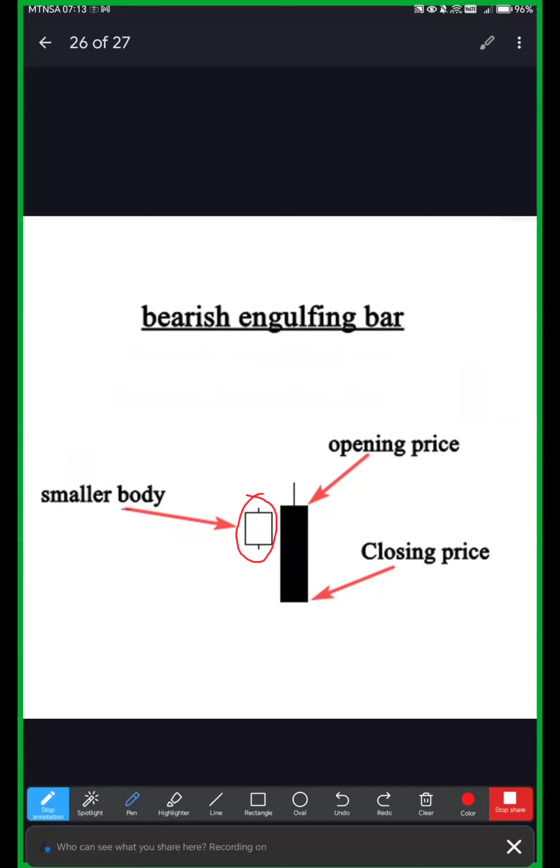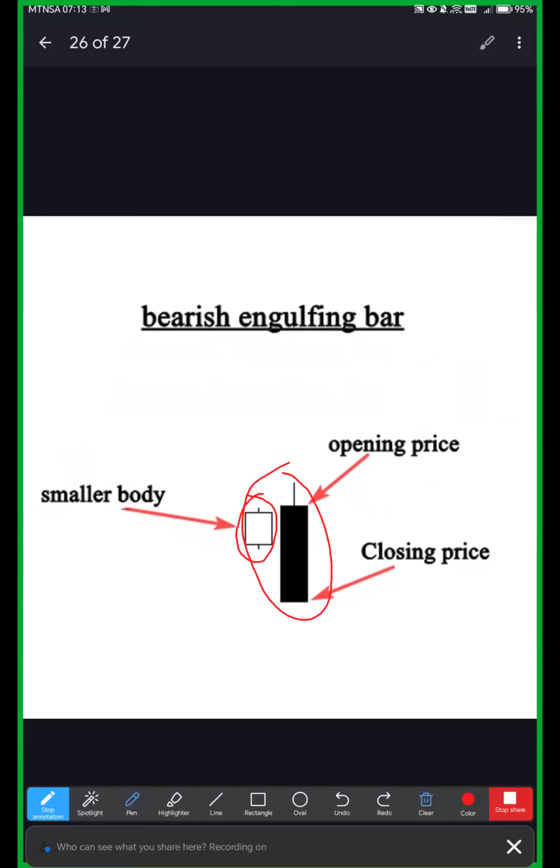Where should you validate that this is indeed a bearish engulfing bar? How are you going to know that this is indeed a bearish engulfing bar that is signifying market reversal, signifying the direction of price to change?